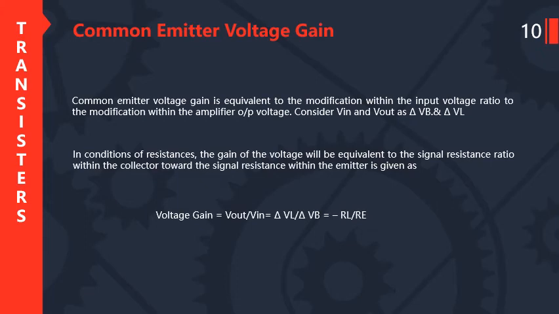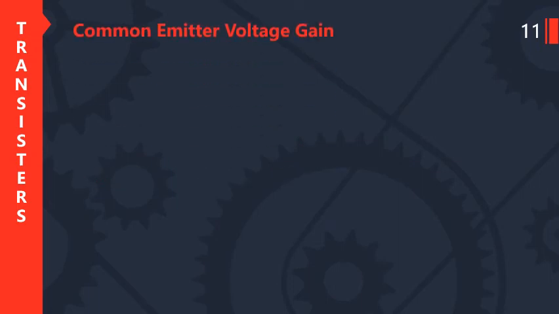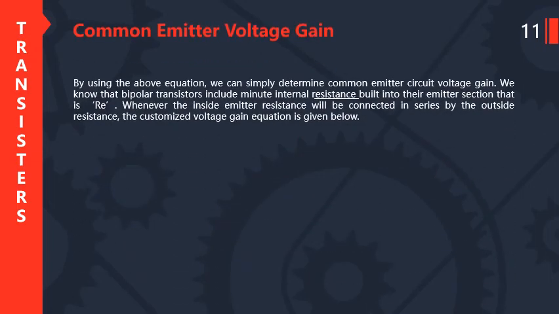So the value of delta VL in the form of resistance is minus RL divided by RE. By using the above equations, we can simply determine the common emitter circuit voltage gain.